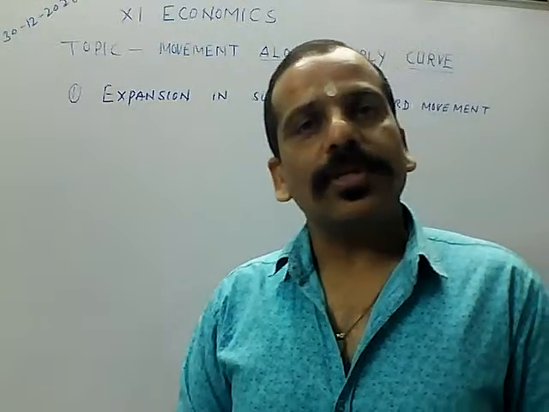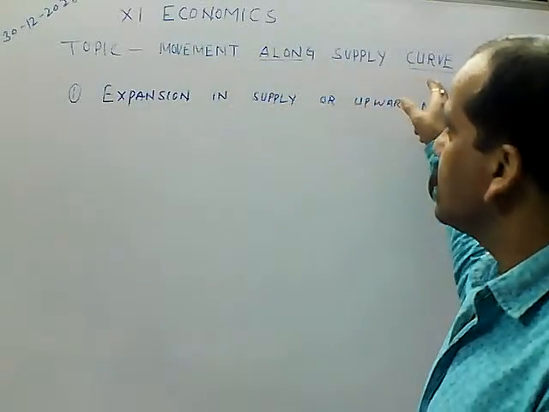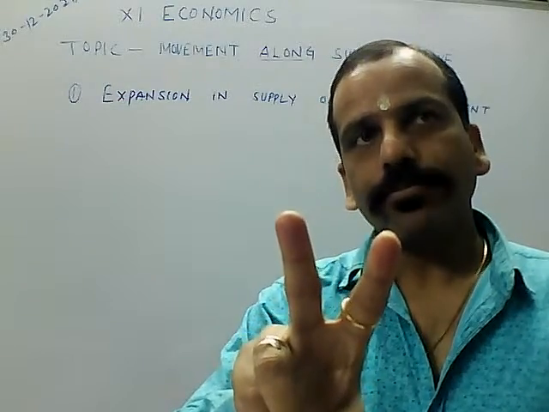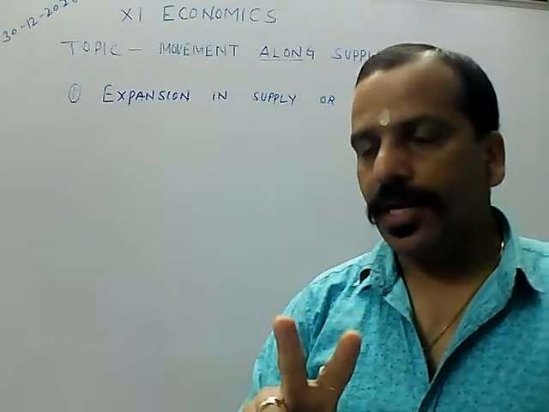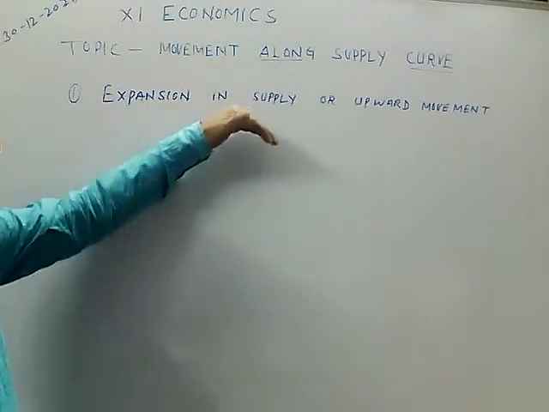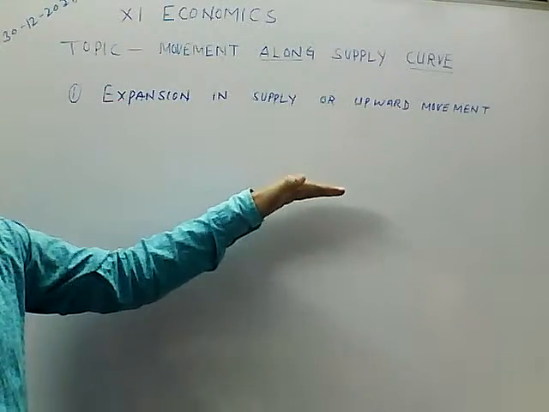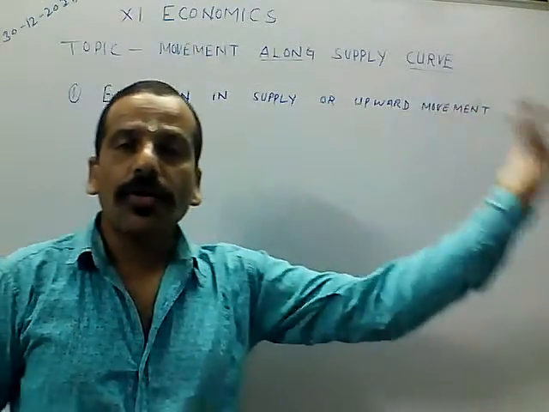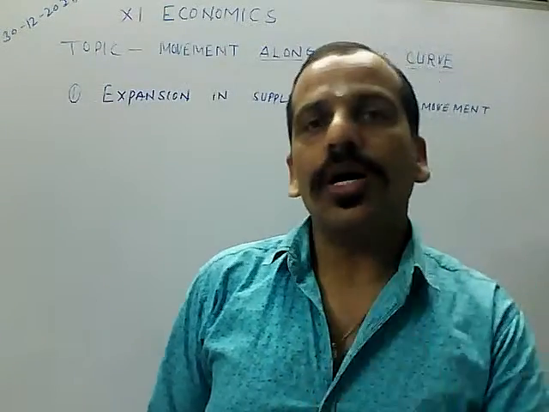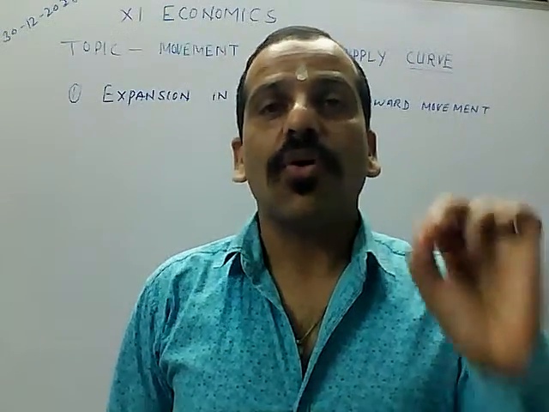Then this is nothing but movement along the supply curve. So two cases are there: either expansion or contraction, either upward or downward movement. Only two situations are there, and these two are because of a change in its own price.